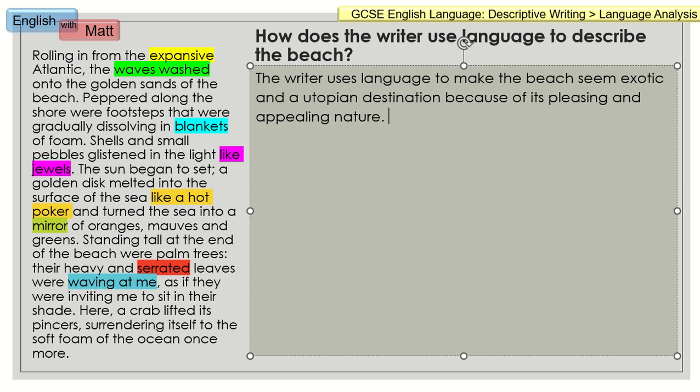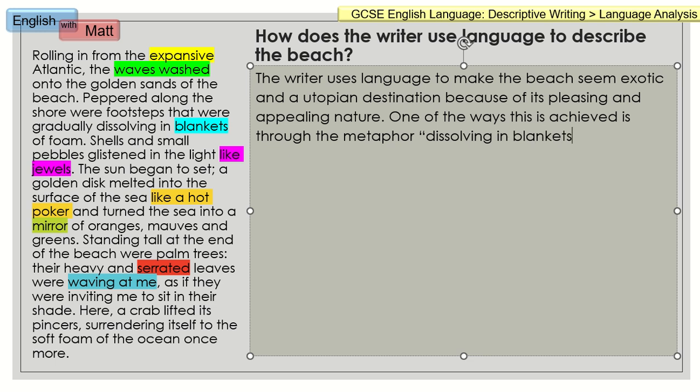Okay, so you can see even though I'm an English teacher, been teaching English for many years, I can still make changes. That's absolutely fine. And you can make changes as well in your exam. One of the ways, so we're zooming in now, one of the ways this is achieved is through the metaphor, and let me quote, "dissolving in blankets of foam," which conveys.